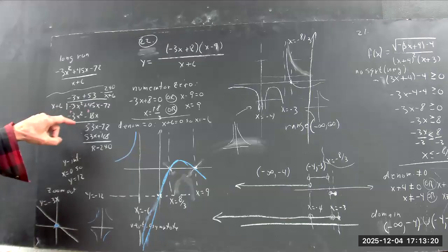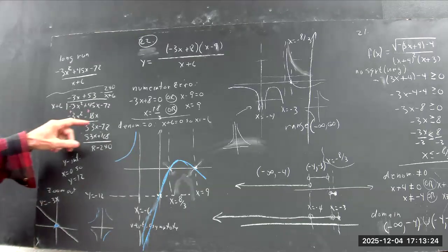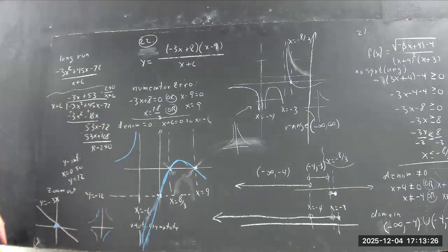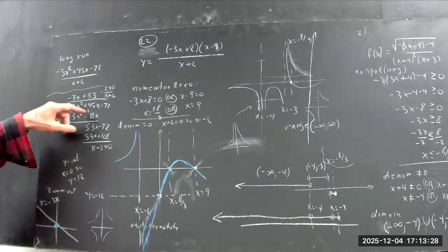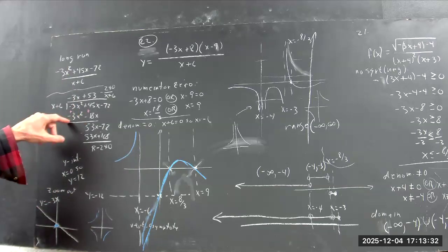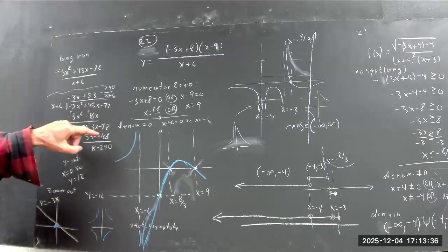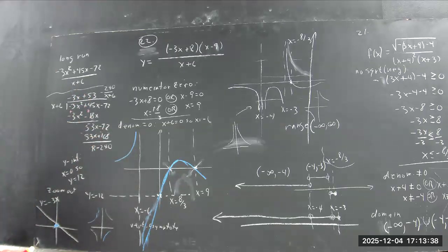Multiply that by x plus 6, we get negative 3x squared minus 18x. We subtract this from what we have up here, and we use little auxiliary plus signs to remind ourselves that when we subtract these things, we're going to be adding the quantities that we see. We get 53x minus 72 when we subtract.